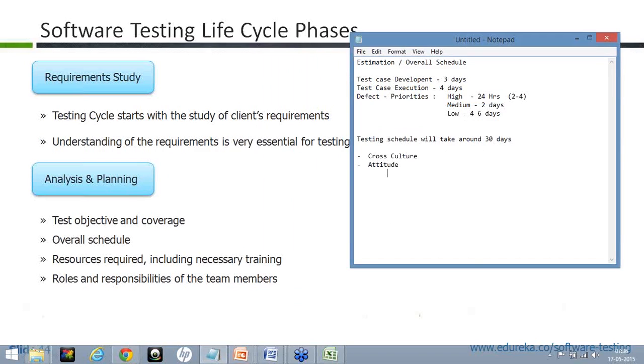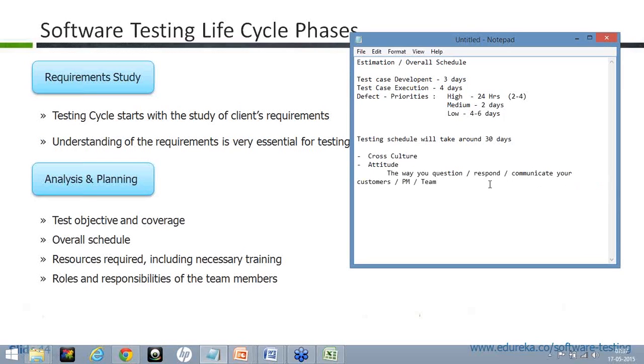Okay, what is that attitude? The way you question your customers, or let's say your project management, PM, and your team. It is not only the way you question, but the way you respond or communicate.